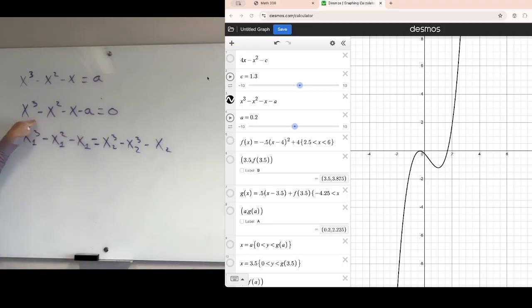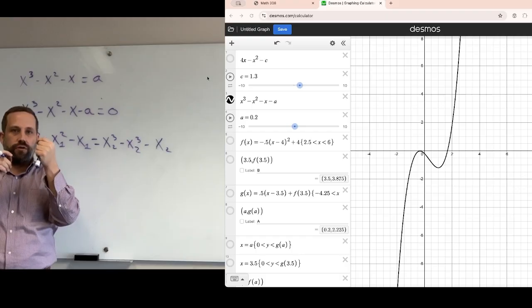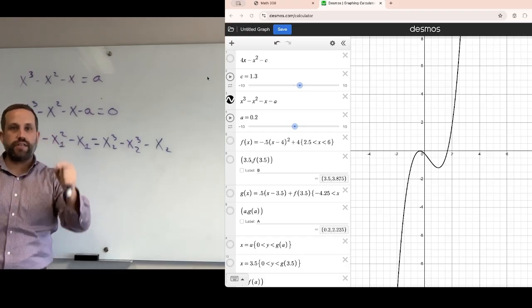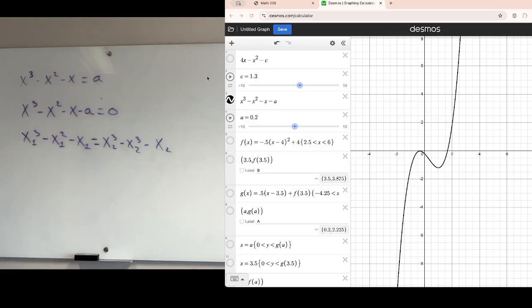So x1 and x2, if a is a local maximum or a local minimum, what it means for the local min or local max to intersect the x-axis is that there's a double root there. In other words, the two roots are equal to each other.